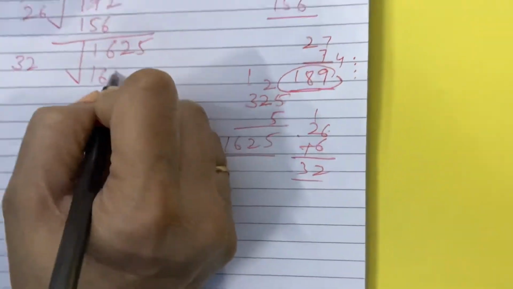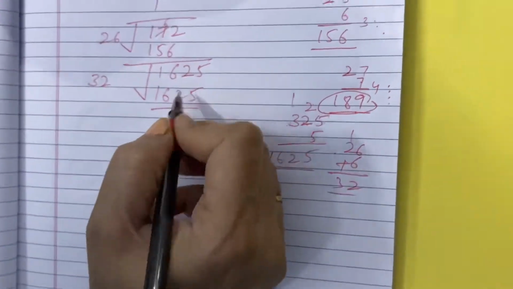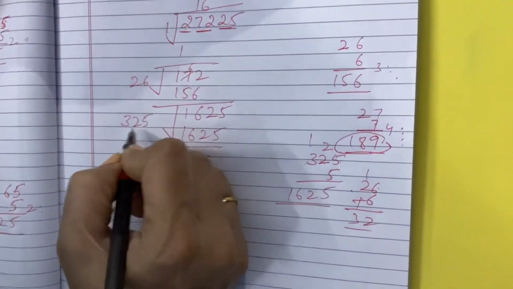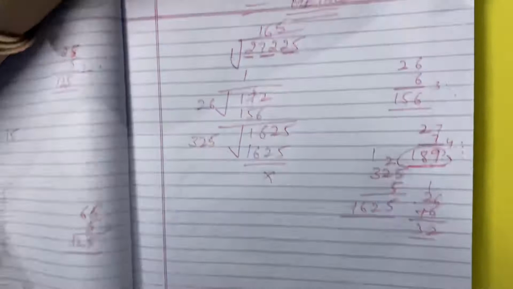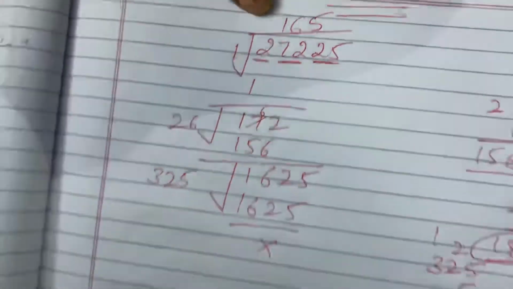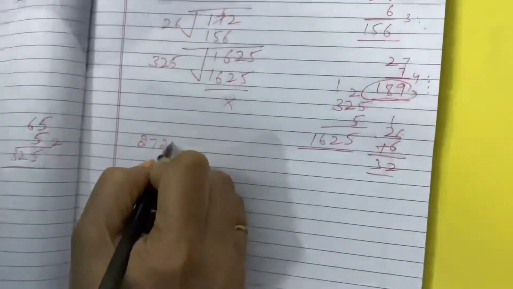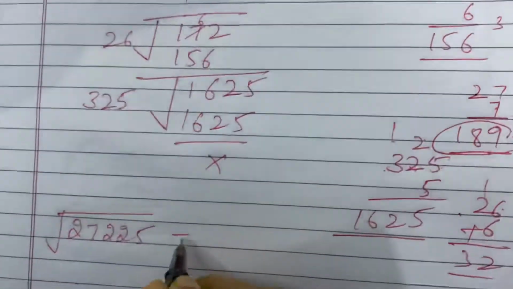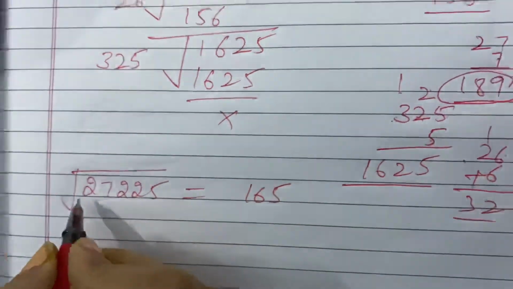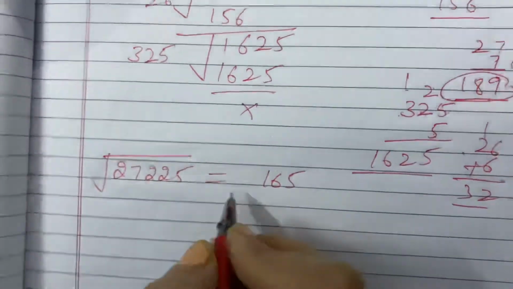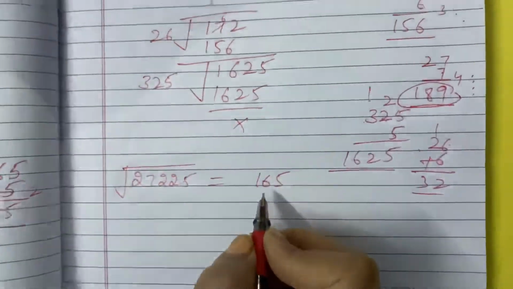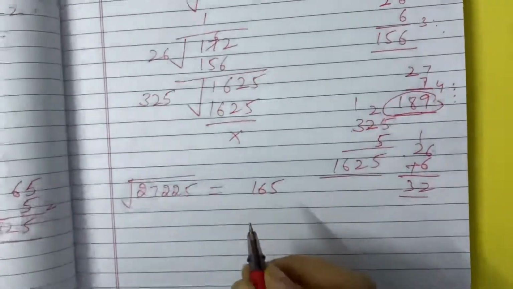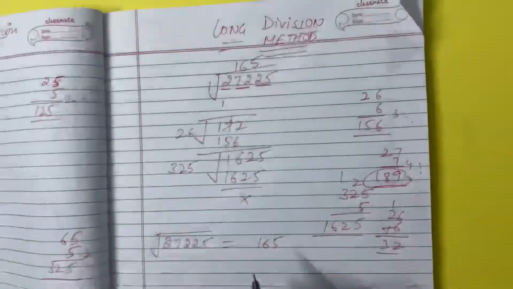So here it is 1625 and it is completely divisible by this. It means 325 into 5 gives you this number. So the square root of 27,225 is 165.